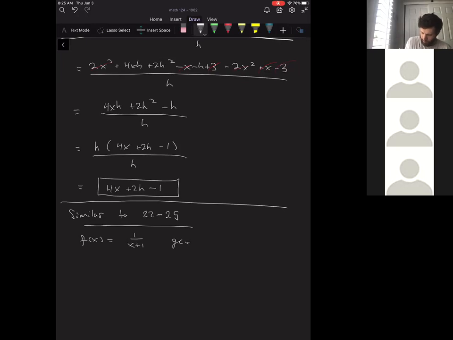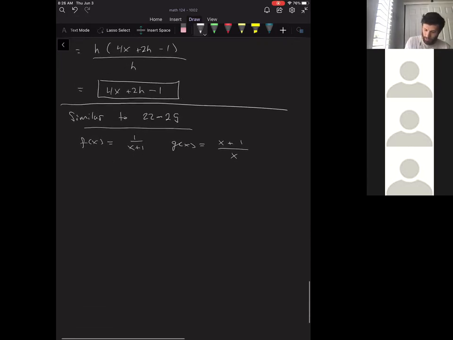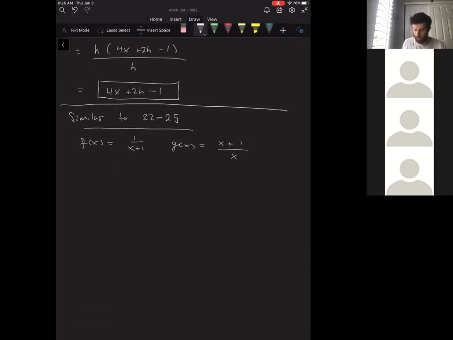And we can let g of x be equal to, what do we want to let this be equal to? Oh, sorry, let me think for a second. Yeah, let's do it like this. So let's let f of x be 1 over x plus 1, and then g of x is going to be x plus 1 over x.